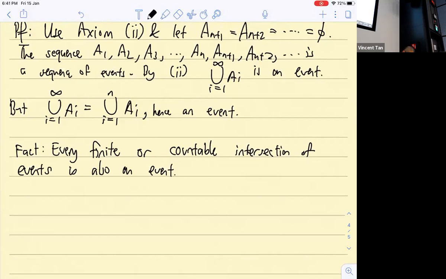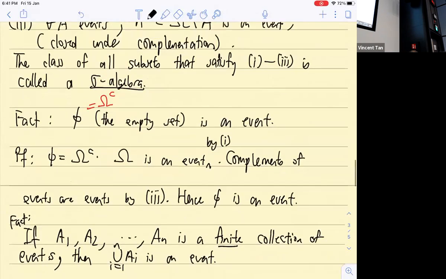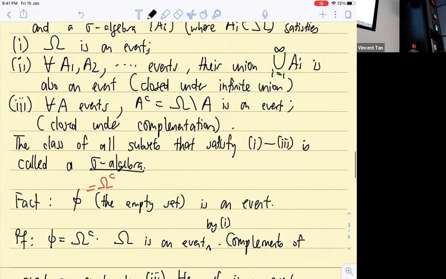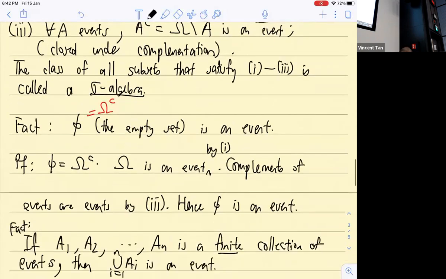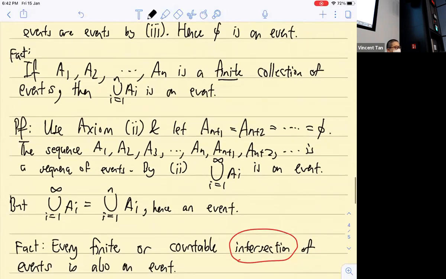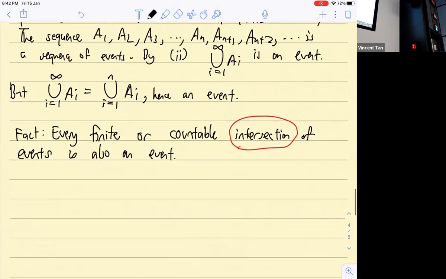Is there anything to prove? Yes, there is something. Why is there something to prove? Because the axioms only talk about union. The axioms didn't talk about intersection, right? So there's something to do because we have not talked about intersection yet.